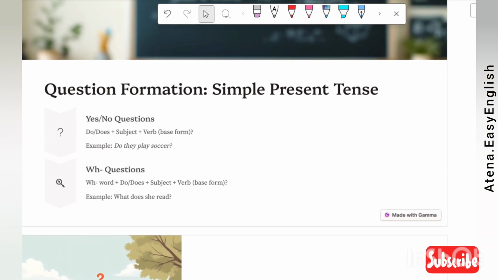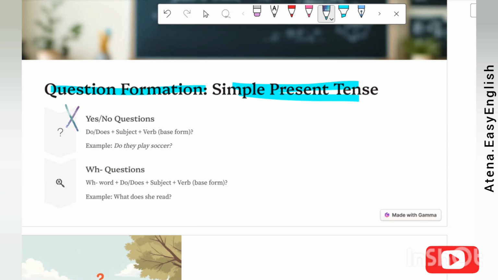So now let's talk about the formation. The question formation, how we make the questions. In the simple present tense, look at here. How do we make yes/no questions?